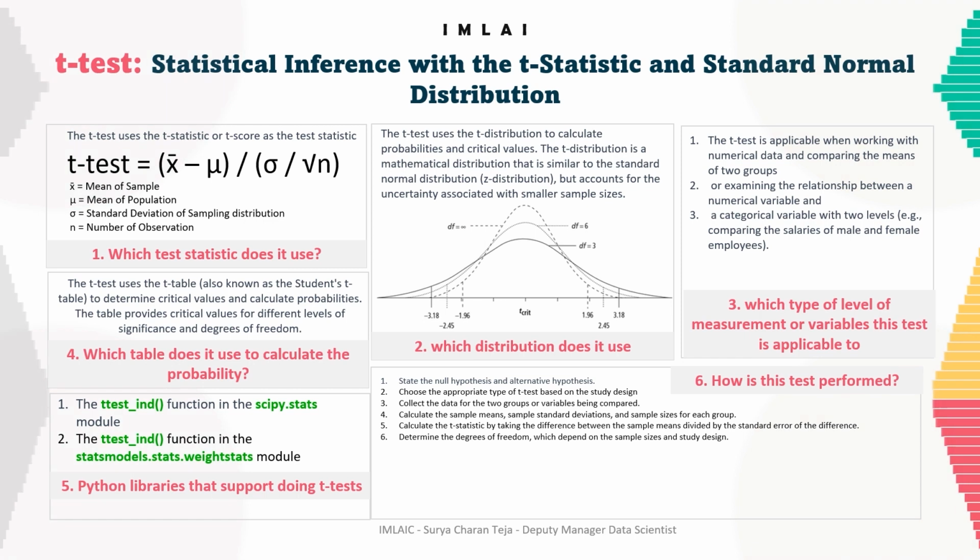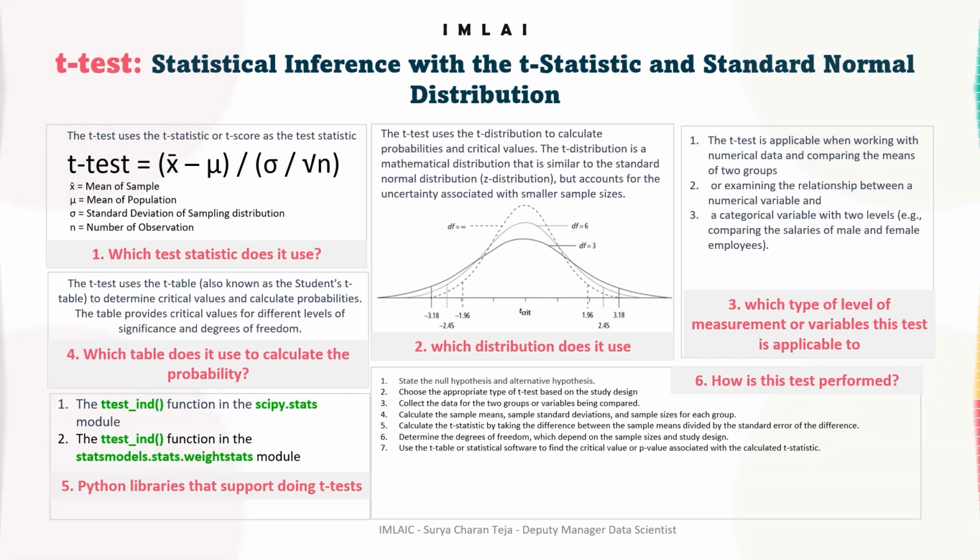Then we use the t-table or statistical software to find the critical value or p-value associated with the calculated t-statistic. Then compare the obtained p-value with the predetermined significance level, normally 0.05, to decide whether to reject or fail to reject the null hypothesis.